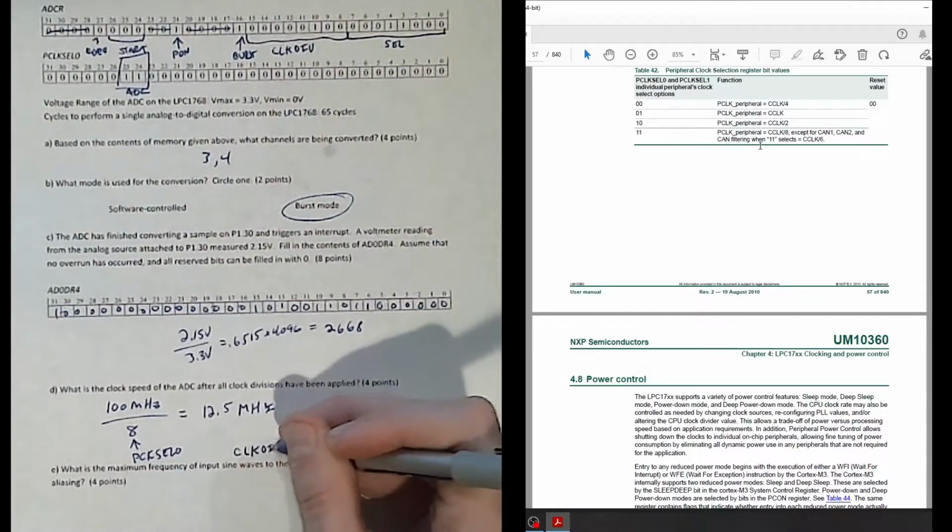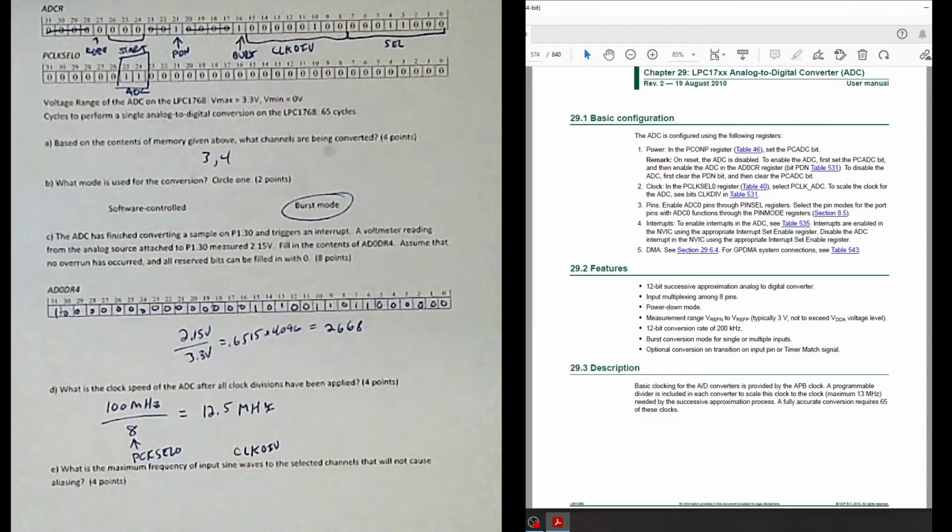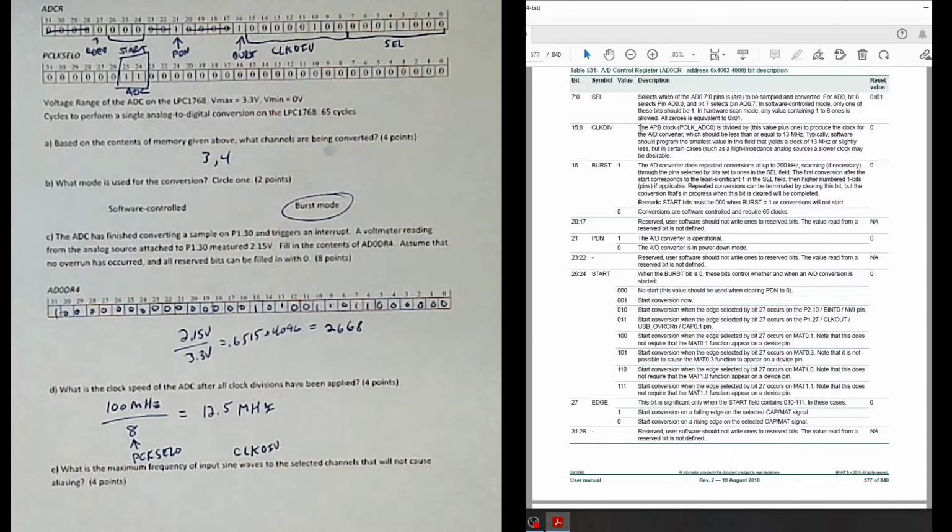So let's go back to the ADC portion of the manual and see what that looks like. We see that the APB clock, PCLK ADC 0, is divided by this value plus 1 to produce the clock for the AD converter. So we don't want to divide by 0, right? If this is all zeros, we divide by 0 plus 1, or 1, to keep the value the same.